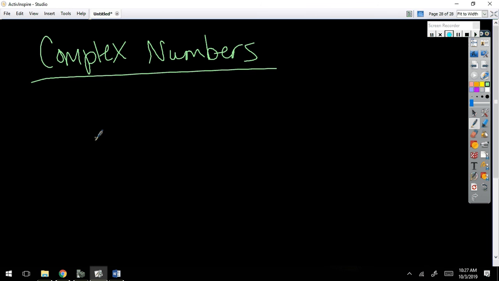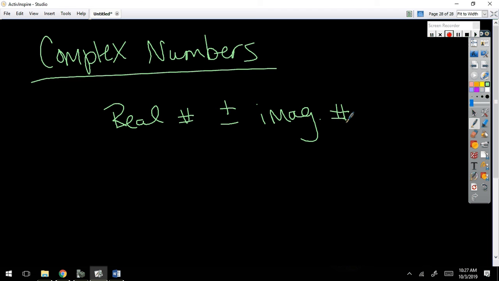Complex numbers are made up of two parts. They are a real number, and then you either add or subtract an imaginary number to it. So maybe it's 2 plus 3i, 7 minus 8i, 1 plus i.